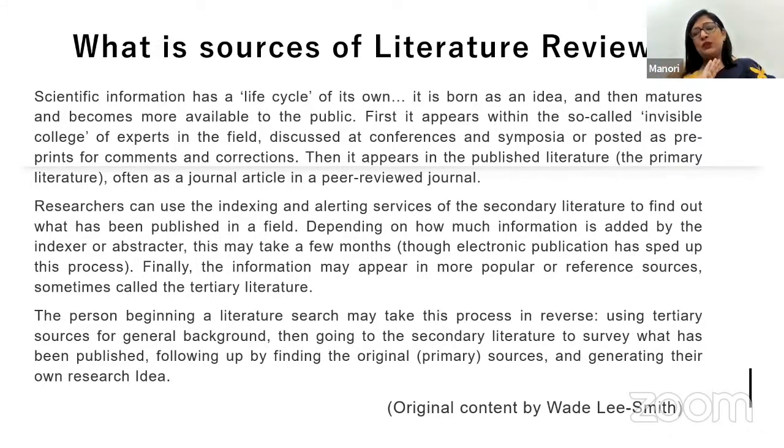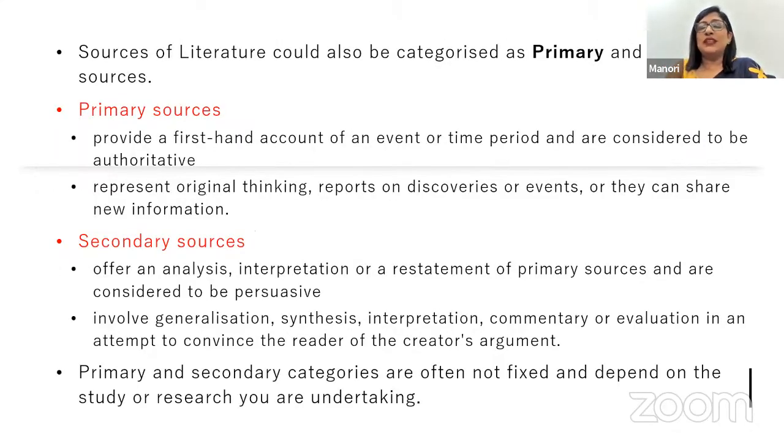So when you find the source, that is also the way you are collecting data. There are two main types: primary source and secondary source. So what are those primary and secondary sources? Some people don't have an idea about this, but you should have this idea.